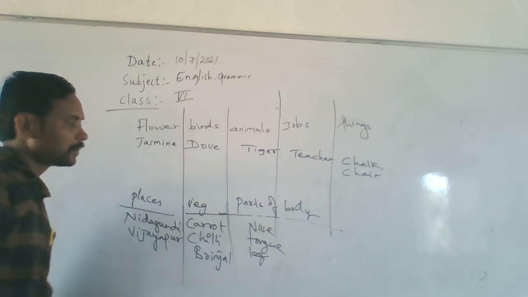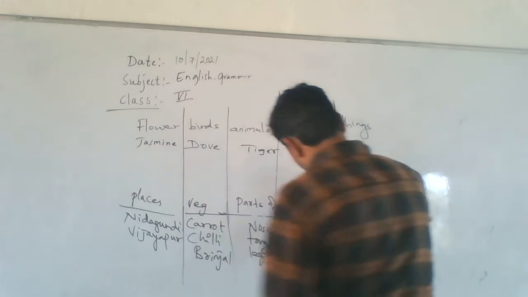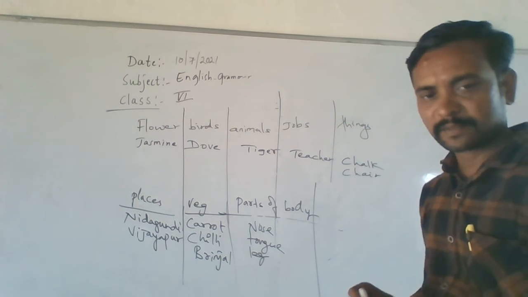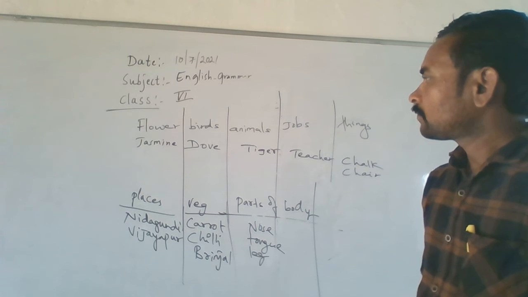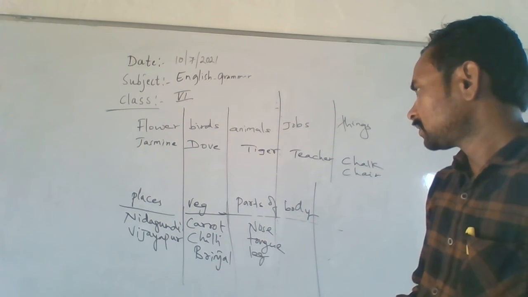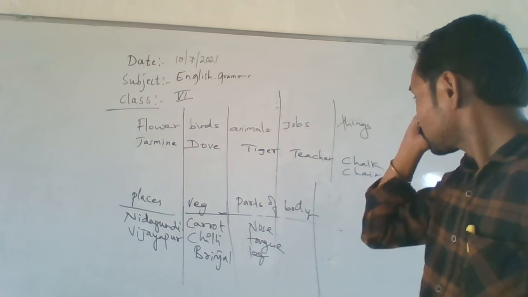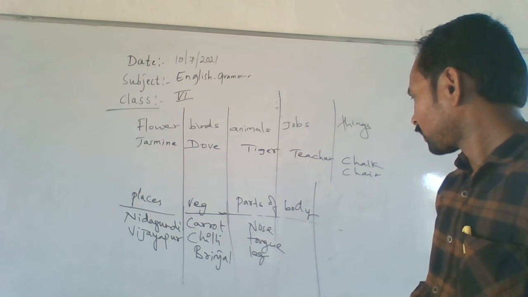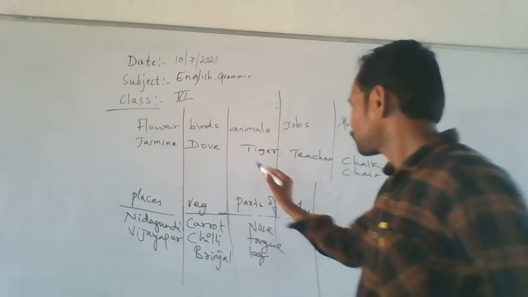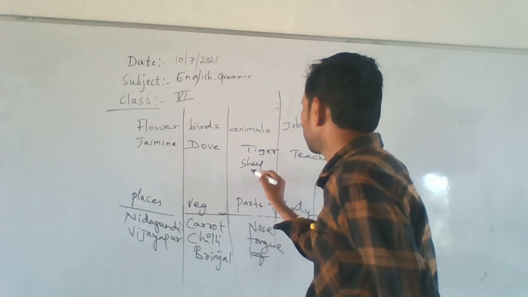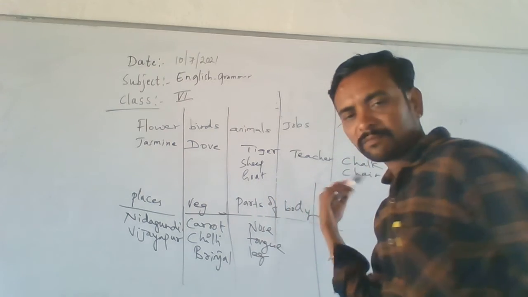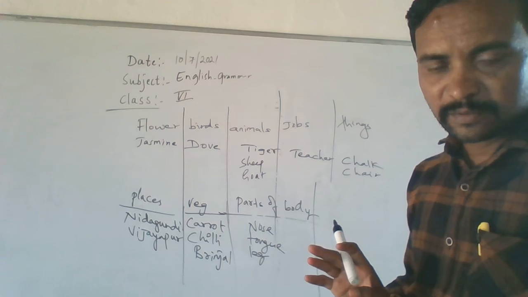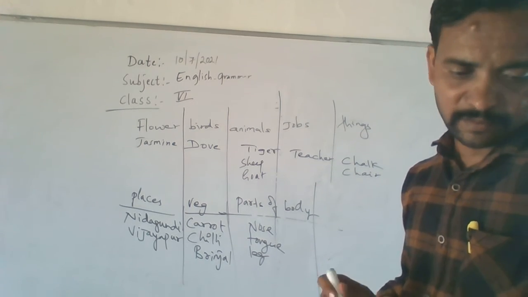You have to write the parts of the body. So these things you have to practice: flowers, birds, animals, jobs, things, places, vegetables, parts of the body, sheep, goat, and so on. Any animal name you have to write. Do you understand? Okay.